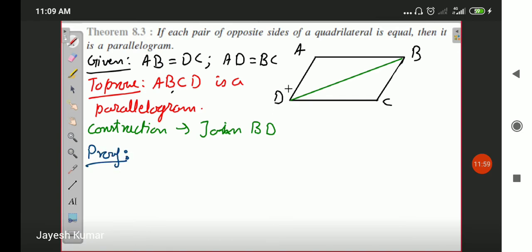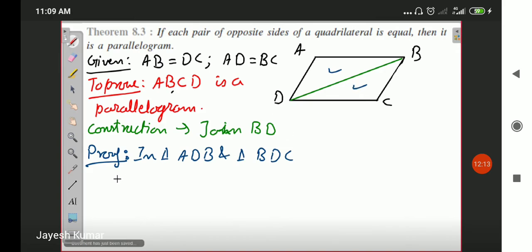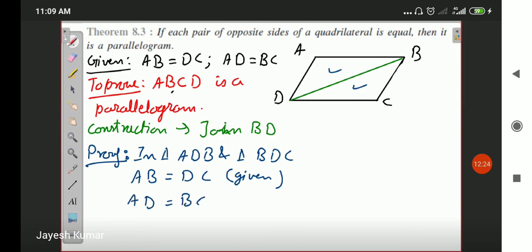So after this construction, we will prove that this triangle and this triangle are congruent. But this time the way to prove is changed. In triangle ADB and triangle BDC, in order to prove that both of these triangles are congruent, what we need is first of all AB and DC are equal, that is given. Secondly, AD and BC are equal. Once again, it is also given.